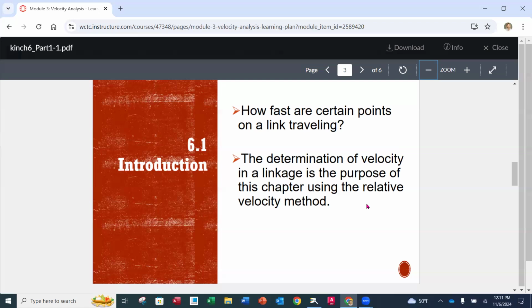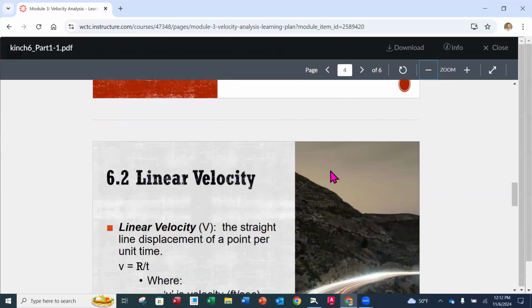So we determined strokes, throws, and limiting positions of those mechanisms. That was position analysis. Now we're going to be looking at the motion. That's where the velocity comes into play. How fast are these going to be going as we move them around?